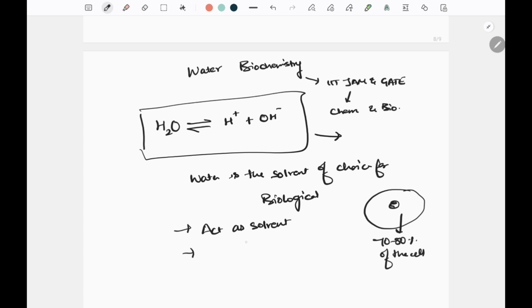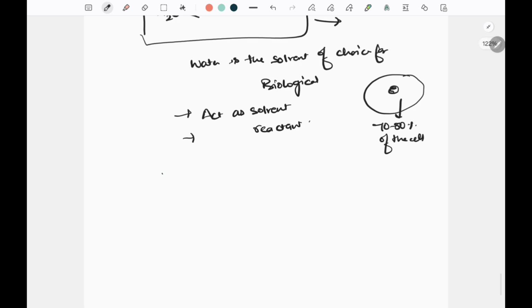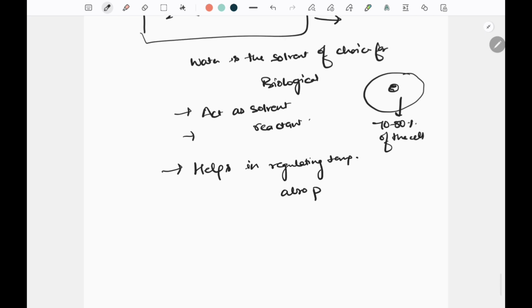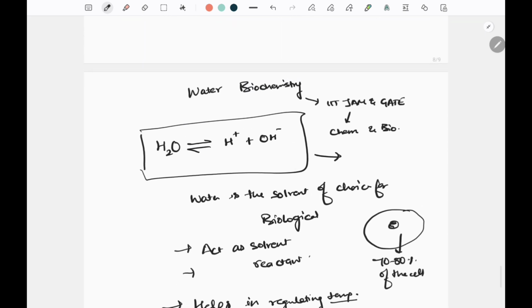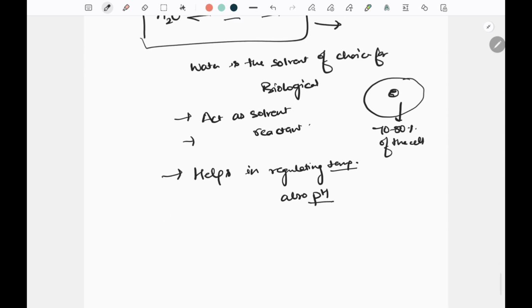So it acts both as a solvent and as a reactant, and it helps in regulating the temperature and also pH, because the thermodynamic property allows it to contain more and more heat, so it regulates the temperature. And due to this buffering action, where it can dissociate into a proton and OH negative, it acts as a buffer, thus also regulating the pH.